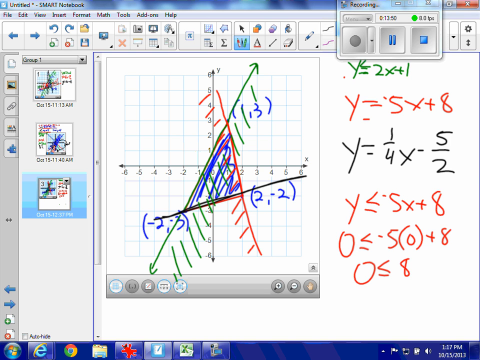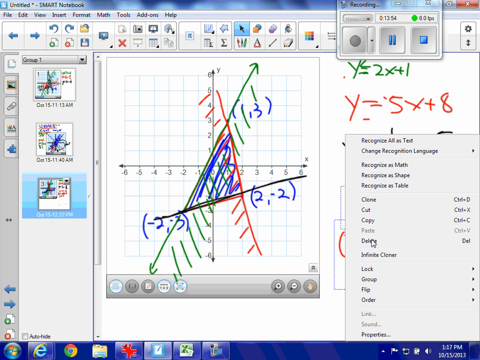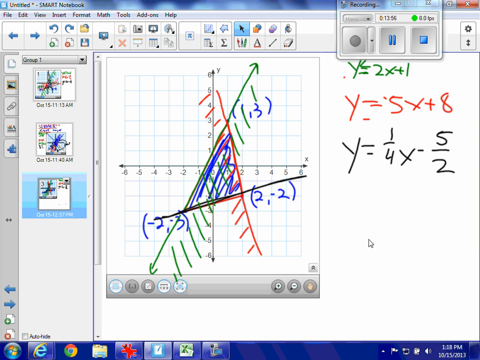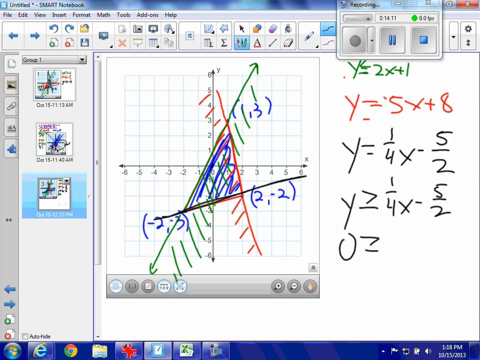And then I'm going to do the same thing with my last one. I'm going to say y is greater than or equal to 1/4 x minus 5/2. I'll test my point 0, 0 to see if that works for this. 0 is greater than or equal to 1/4 times 0 minus 5/2. 0 is greater than or equal to negative 5/2.